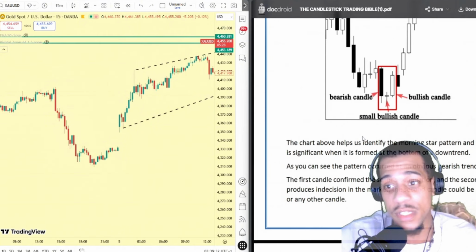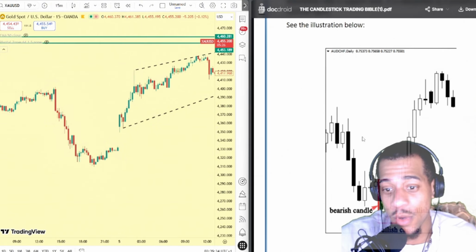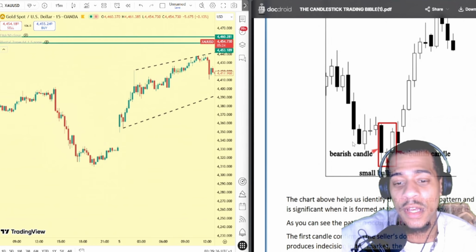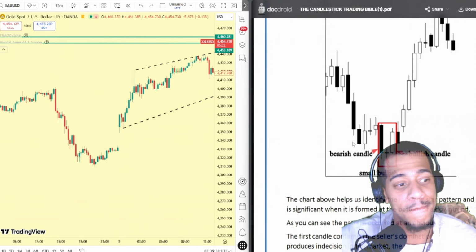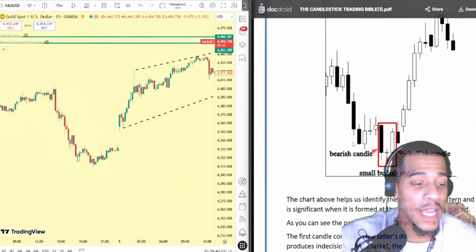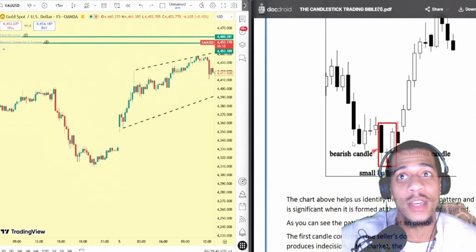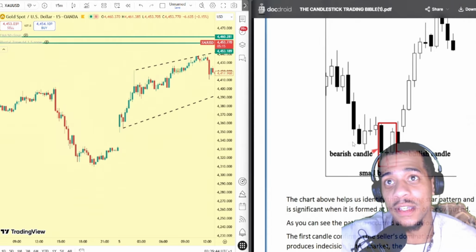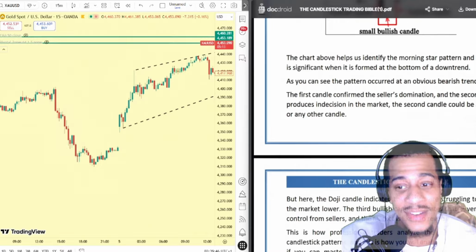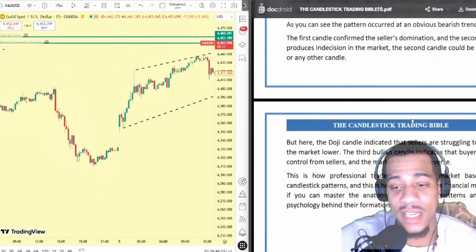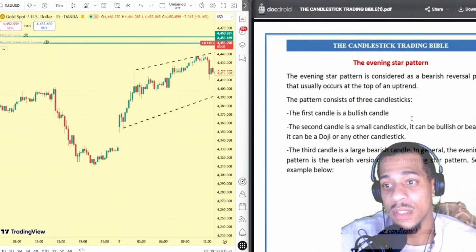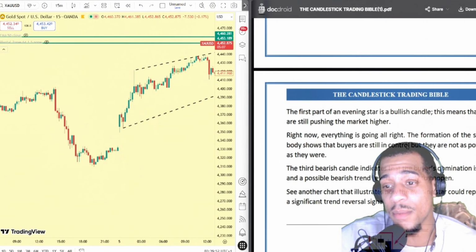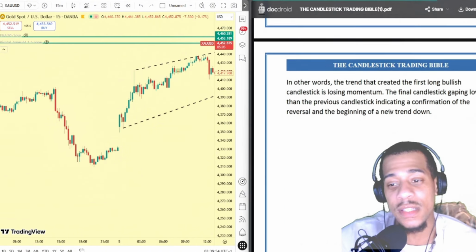All right, so this is the first book. I'm going to recommend a lot of trading books. I might start doing a trading book of the month. I got a lot of trading books I done read. This is the evening star, the bullish evening star, some of my favorite patterns.